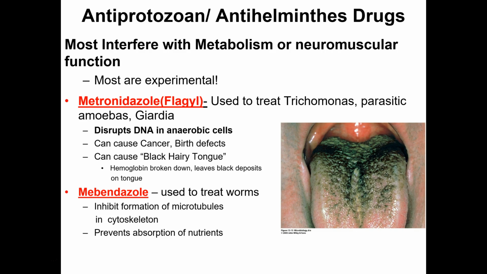Mebendazole interferes with the cytoskeleton within their cells. So, for instance, if you had a tapeworm, you'd take mebendazole. And mebendazole would slow or lower the tapeworm's ability to absorb nutrients from you. Okay, so after a few days of mebendazole, you'll find a very long and unfortunate tapeworm in your feces because it starved to death.